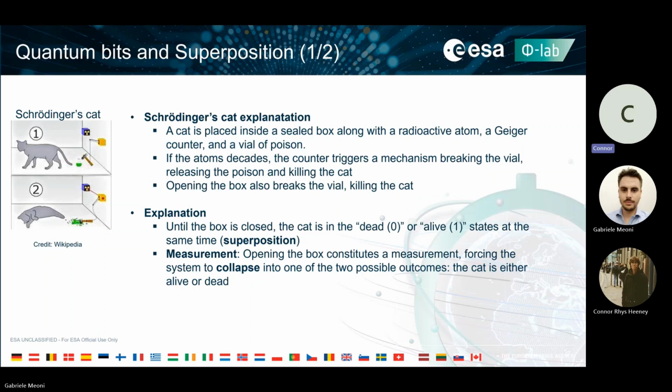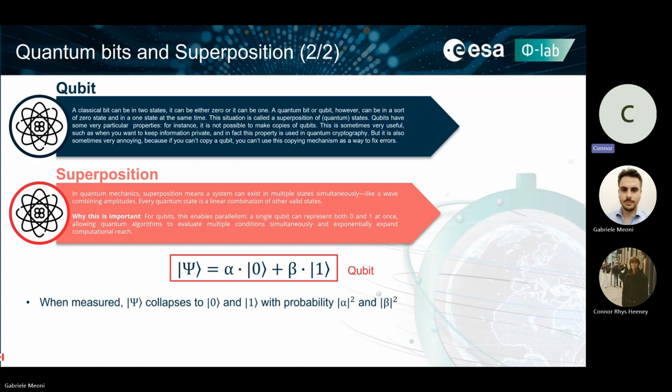So basically, at least for one of the main properties, the quantum bit is not either 0 or 1 until you measure it, but is in a superposition of the 0 and 1 states. So it's both 0 and 1 at the same time.